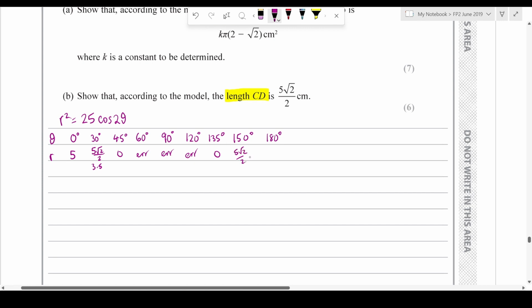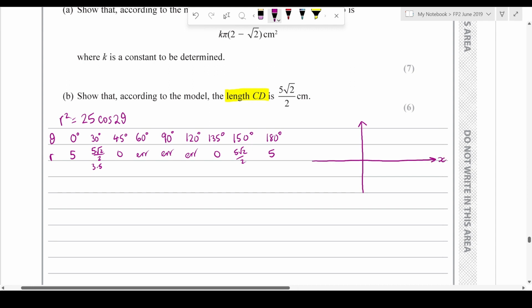And then when we've got 180, getting 5. So the maths professors at uni would get very annoyed if I use degrees there. So we can now start to think about what this graph's going to look like.